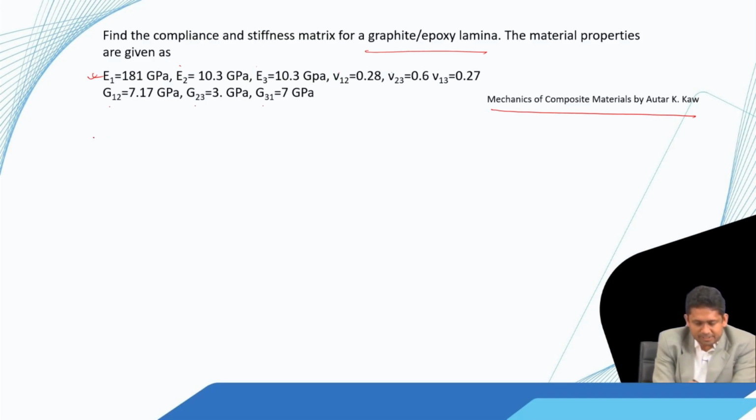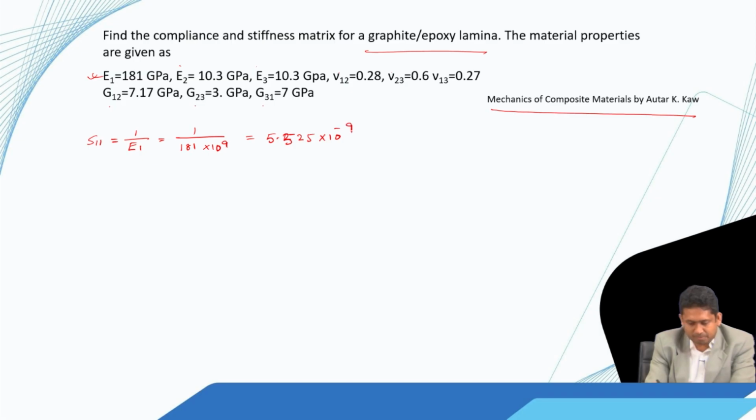Now, we already know the relation S11 is 1 by E1. If I put these numbers here, 1 by 181 into 10 to the power 9, that gives us 5.525 into 10 to the power minus 9 meter square by Newton.